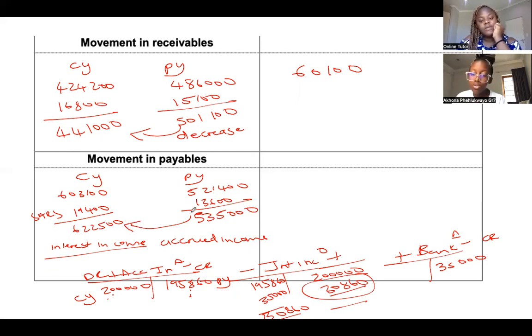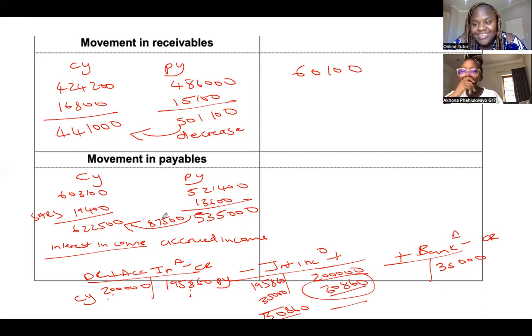87,500. Increase or decrease? Increase. Meaning? Increase in payables means outflow. Wait, no, it's inflow because we're paying. If I'm paying my supplier, the amount goes up in terms of the credits.